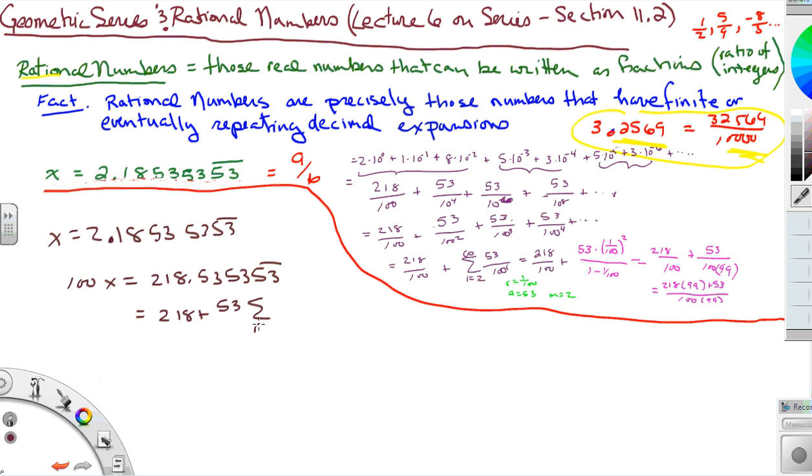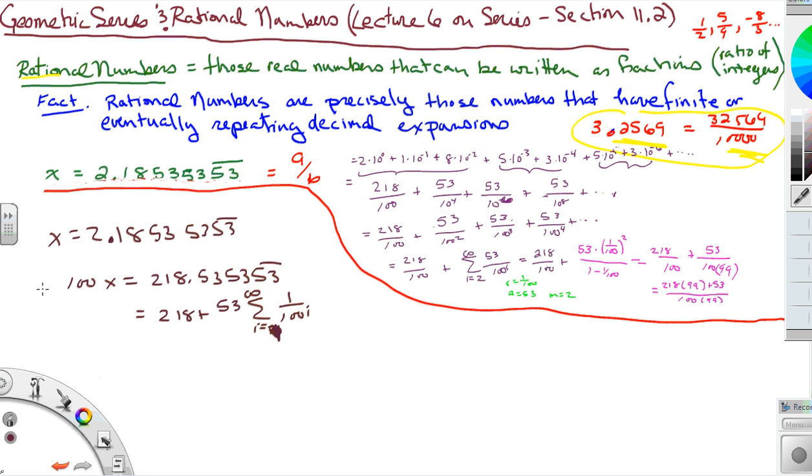times the sum, i equals 1 to infinity of 1 over 100 to the i, which we saw converges. I'm just mentioning that to point out things are going to work out right.